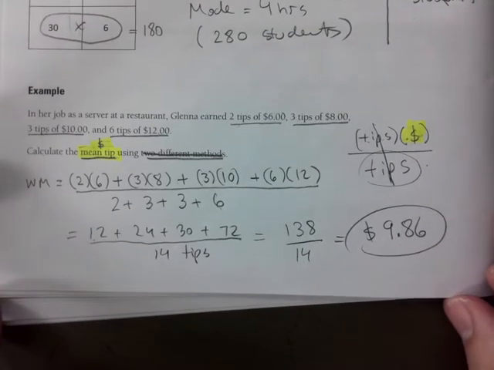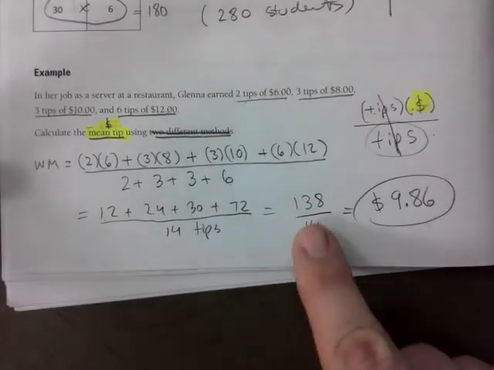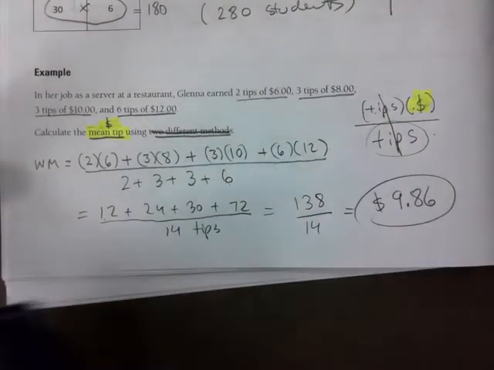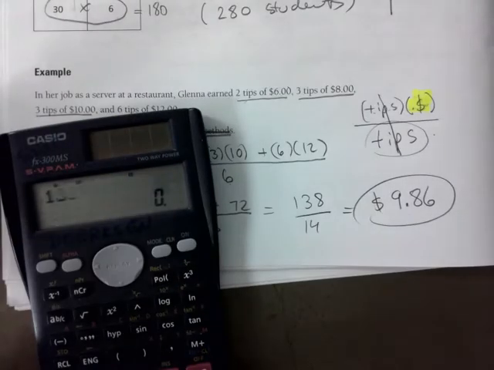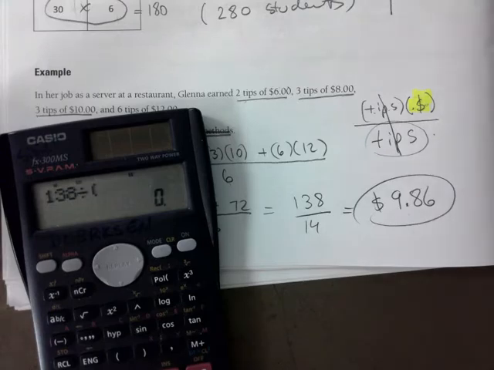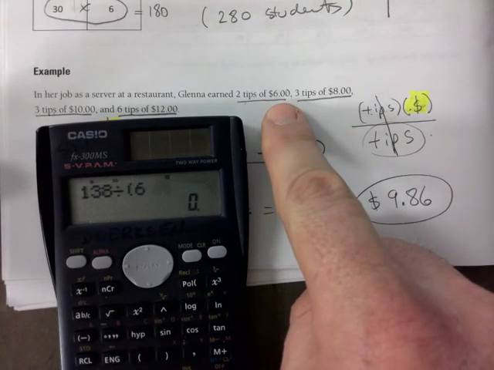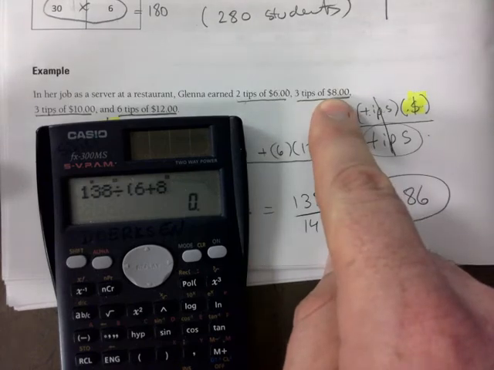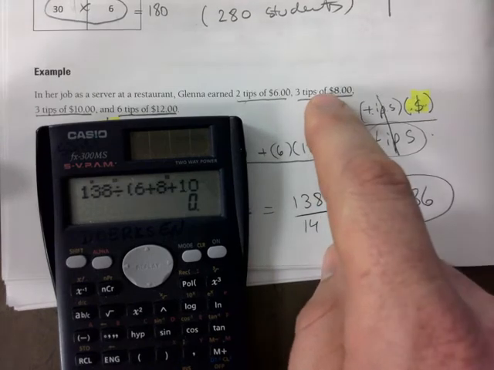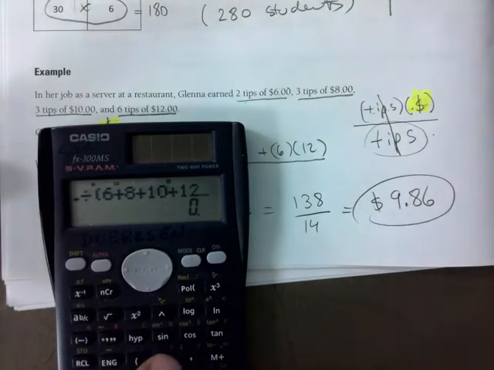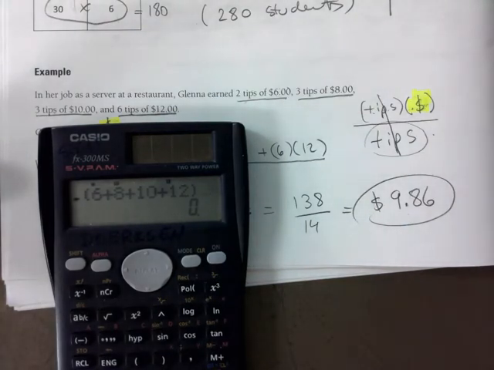Watch this. The 138, nobody should really struggle with that. So let's get the 138 in there. Let's say you would divide by the number of dollars. Let's say you go and add up all the dollars. So 6 plus 8 plus 10 plus 12, right? So you're adding up all the dollar amounts, and that's what you divide 138 by.